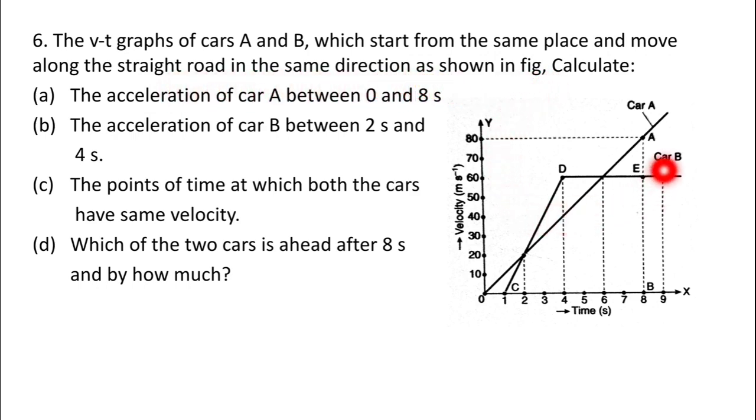As you can see here, this is the graph for the two cars A and B. Now we have to calculate the acceleration of car A between 0 and 8 second, the acceleration of car B between 2 second and 4 second, the points of time at which both the cars have the same velocity, and which of the two cars is ahead after 8 seconds and by how much. So let us solve each part one by one.